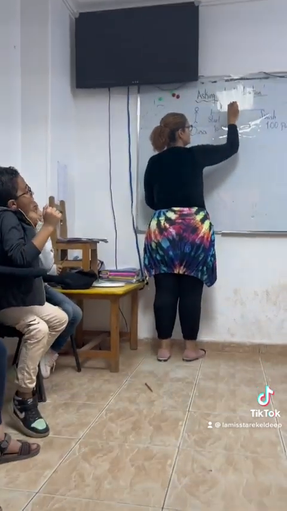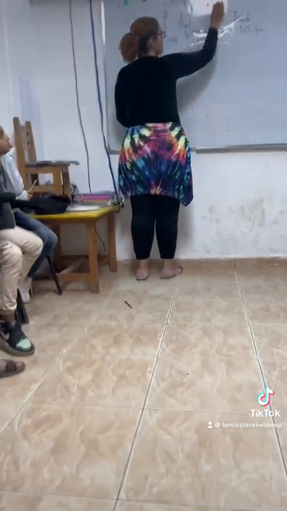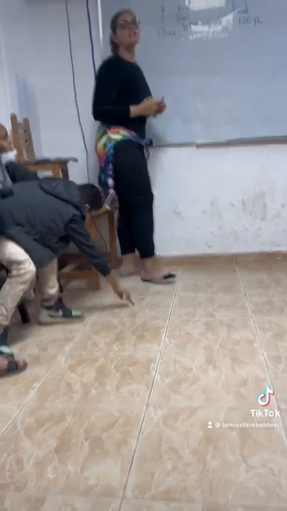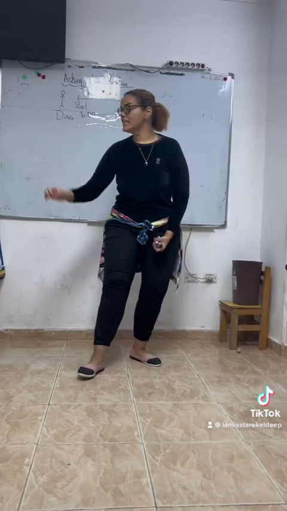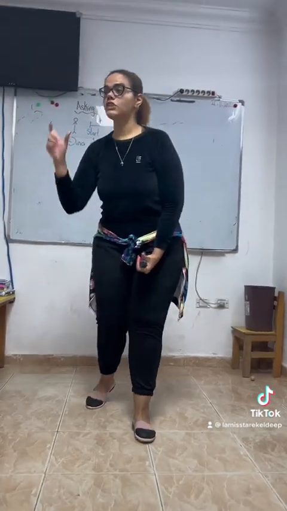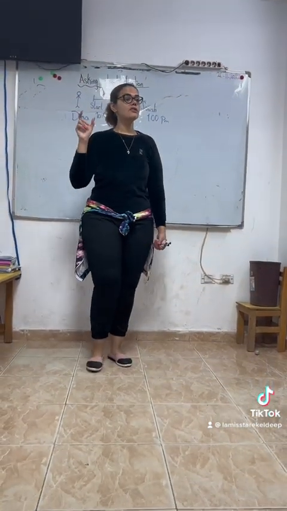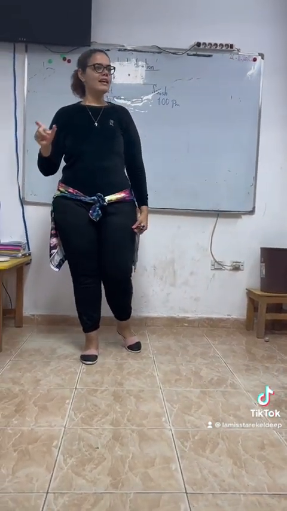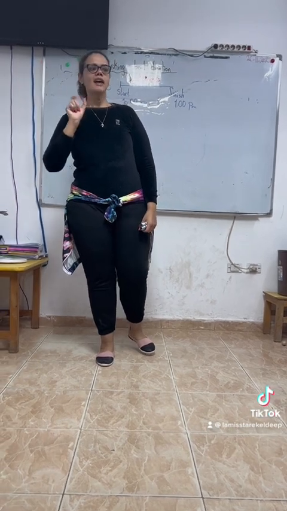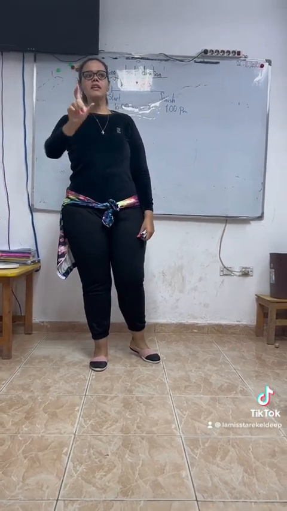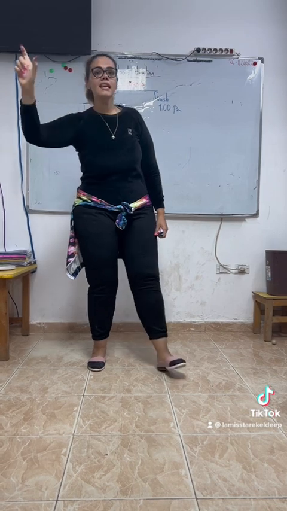I'm going to write 3 hours. This is called duration. The duration is the amount of time you take to do an action, like how many hours, how many minutes, how many weeks, how many days.